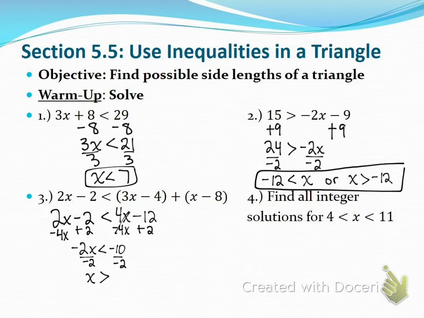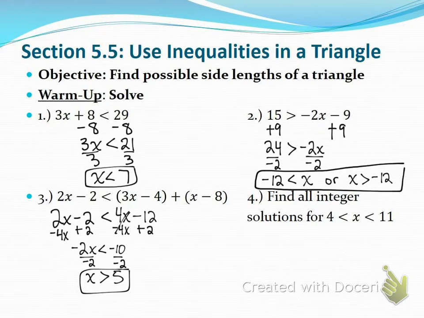Negative 10 divided by negative 2 is positive 5. Questions about number 3? Yes, ma'am. Anytime you multiply or divide both sides of an inequality by a negative number, the inequality symbol must flip. Anything else?